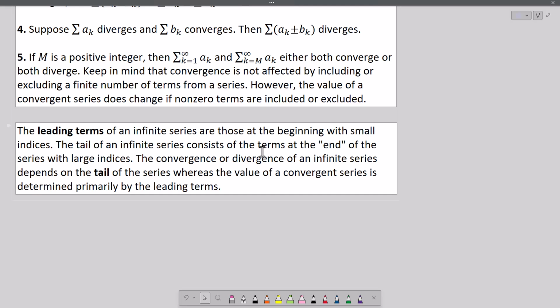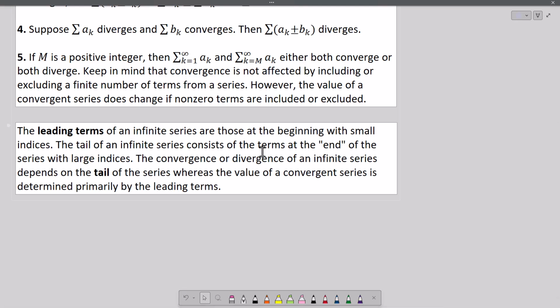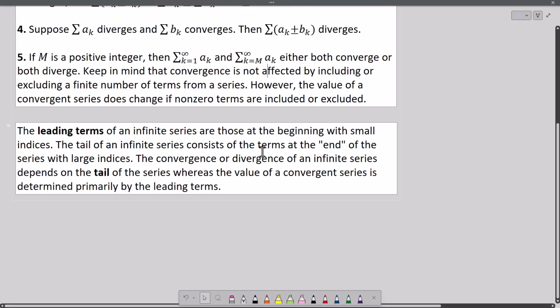Because if our series converges, the terms have to be shrinking in magnitude. Chopping off those leading terms, you still have convergence if your series converges. But it's those leading terms that are the largest in magnitude, so they contribute the most to the sum. So if you chop off the leading terms, it still converges, but to a smaller number, or a number with smaller magnitude.